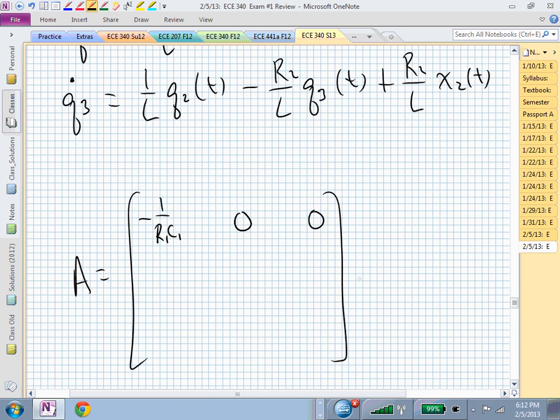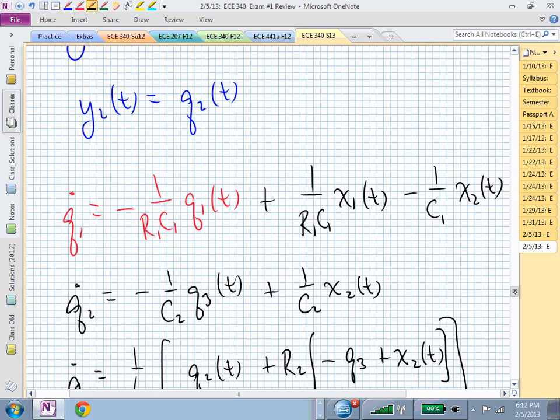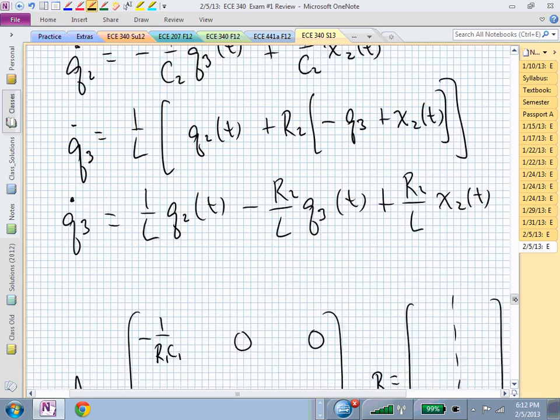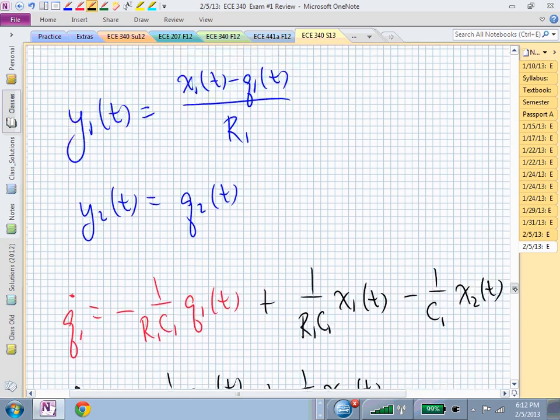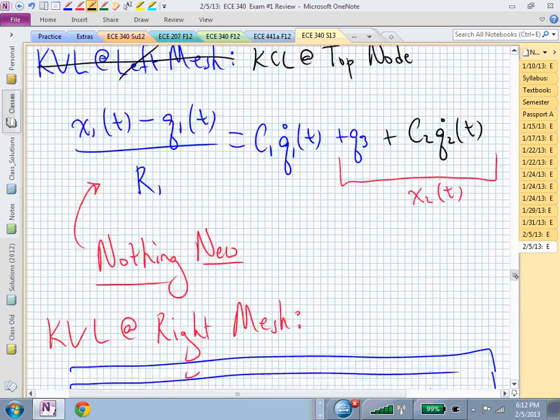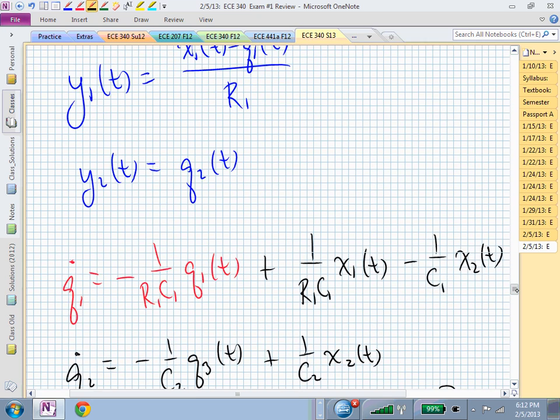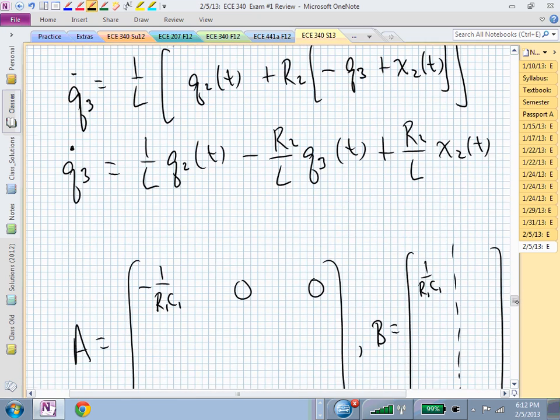How big was my B matrix? That's 3 rows tall and 2 columns wide. And I had an x1 coefficient, 1 over R1 C1, and an x sub 2 coefficient, wherever I'm, minus 1 over C1.